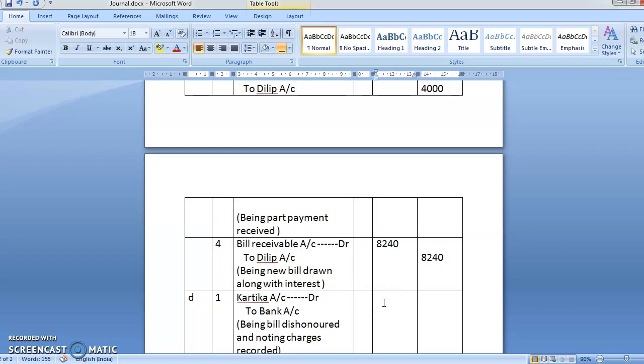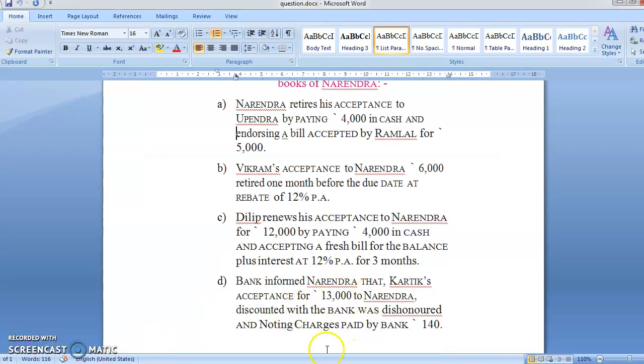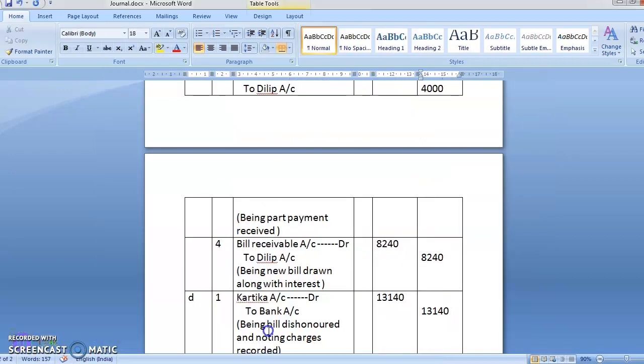So we just don't have to do anything, you have to add it. 13,000 was the bill, 140 was the noting charges, so you'll have 13,140. Again, you want to see it, here it is. So you're going to write the journal entry, Karthik account debit to bank account.